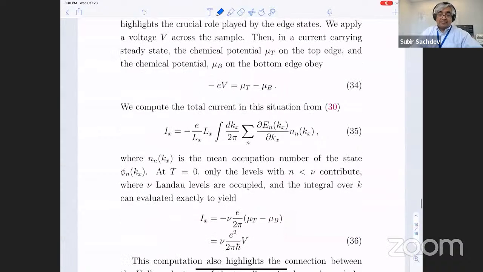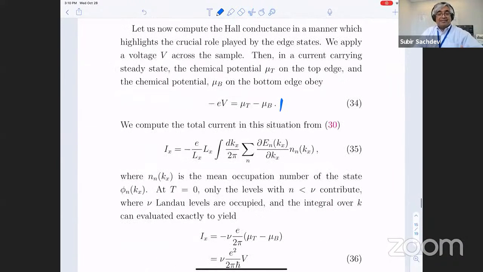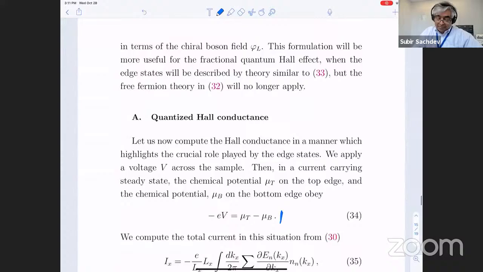So here, as I've said, you make a voltage difference between the voltage in the left and the right part of the sample. And what is the current? Well, this turns out to be the remarkably beautiful part of the computation. The current is, of course, just proportional to the velocity of each particle times the number of particles that you have. So what's the velocity?